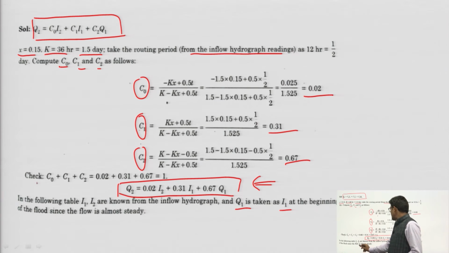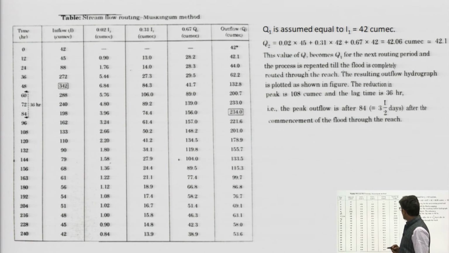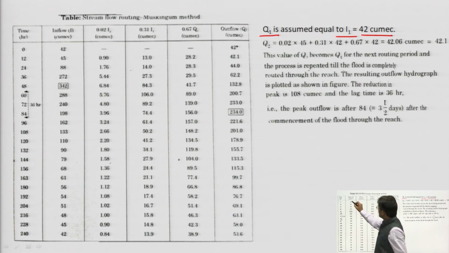So we will make this table. I have told you Q1 is assumed equal to I1, and the I1 value is 42.